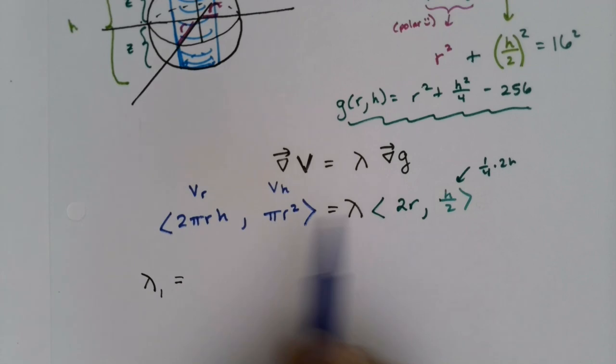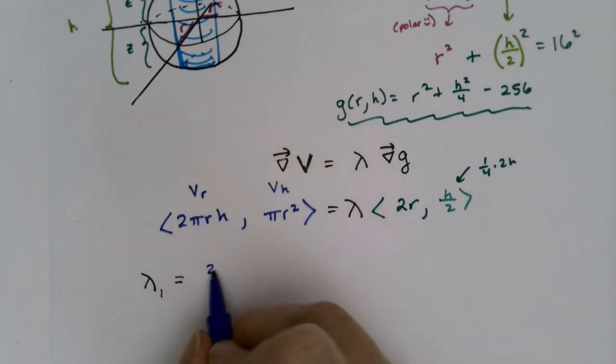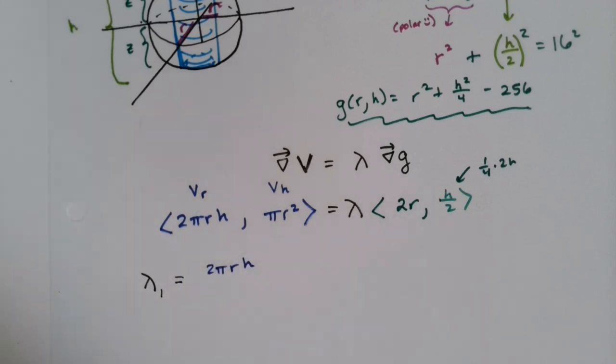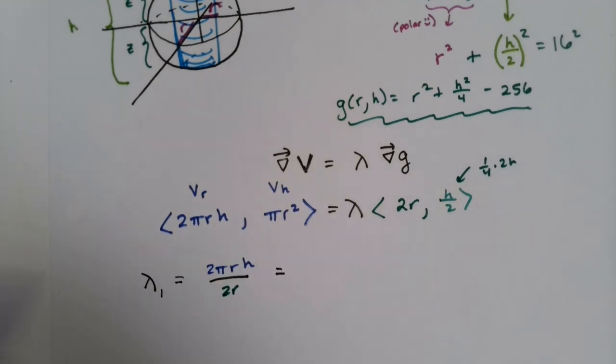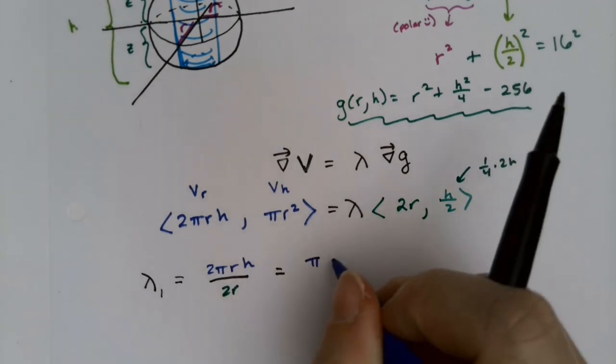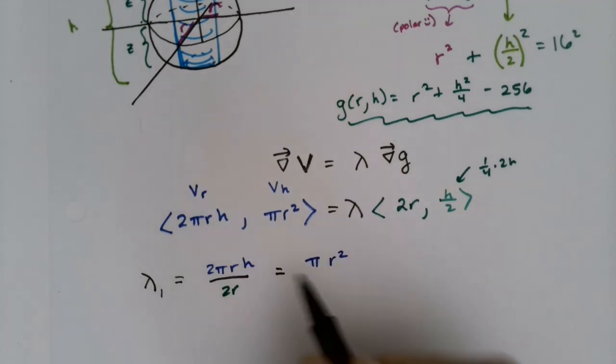In other words, lambda is 2 pi rh divided by 2r. And that's also equal to pi r squared divided by h over 2.